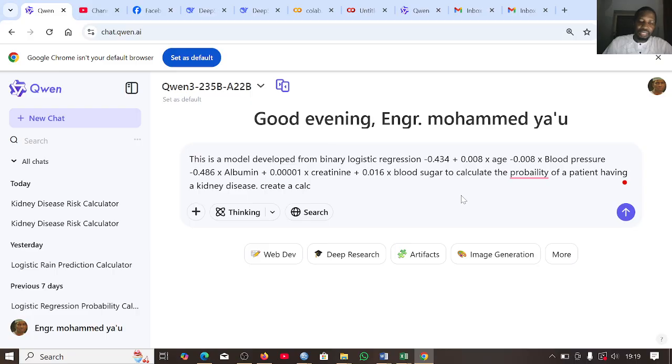Let's say create a calculator to predict or to calculate the probability of a patient having kidney disease.